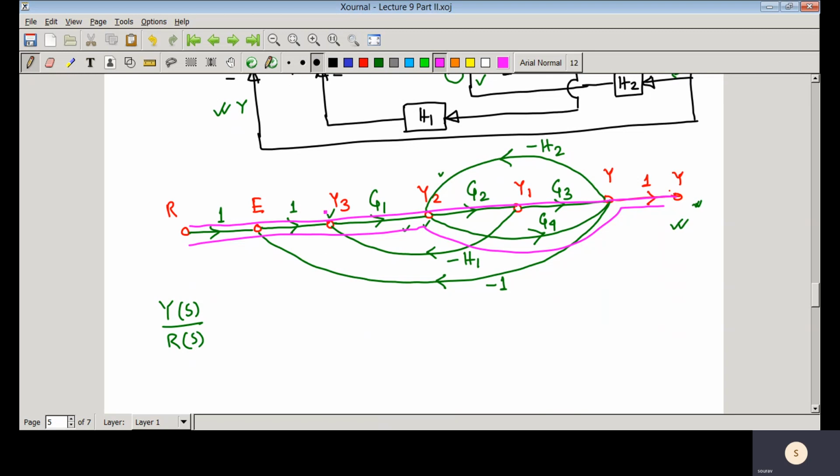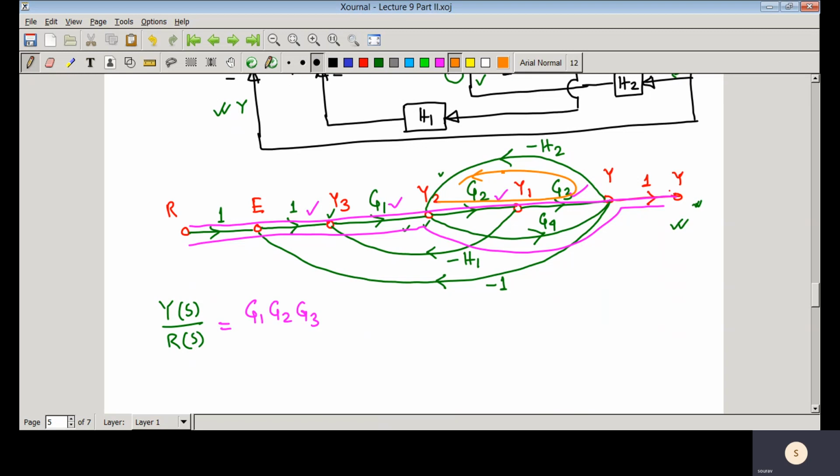If this is the first forward path, then that forward path gain is G1 G2 into G3. And how many loops are here? Here is one loop. Is there any other loop?